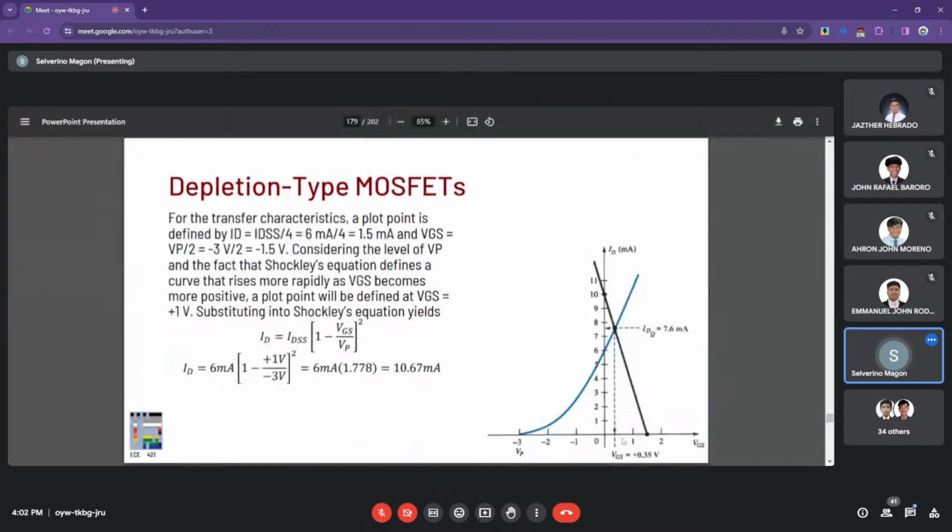So this will be at 1.5 milliamps, and VGS at half of the pinch off at 1.5.